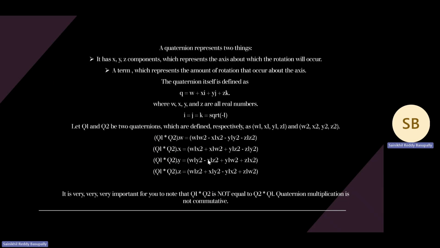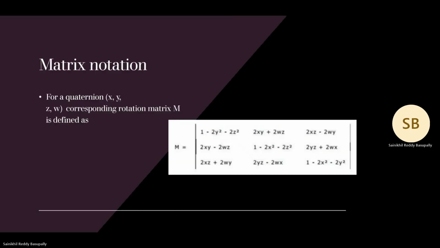The important thing to note here is that Q1 cross Q2 is not equal to Q2 cross Q1, as quaternion multiplication is not commutative. In mathematical notation, we can represent a quaternion X, Y, Z, W as a matrix M, given here.